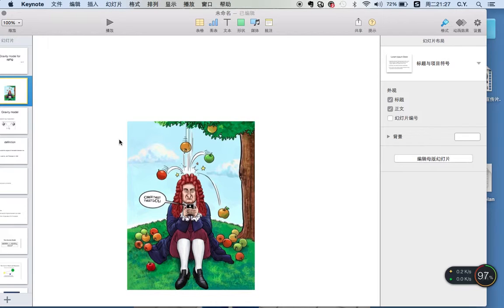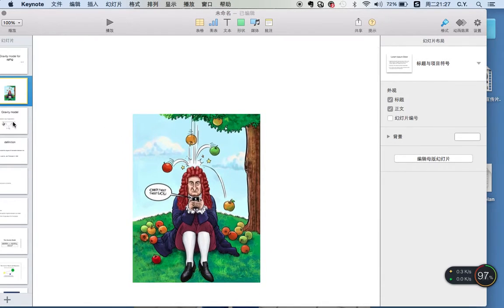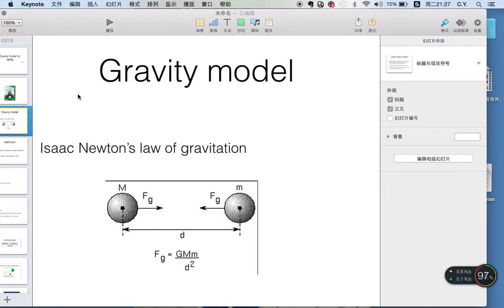Look at this picture. Isaac Newton came up with a theory named Isaac Newton's law of gravitation.